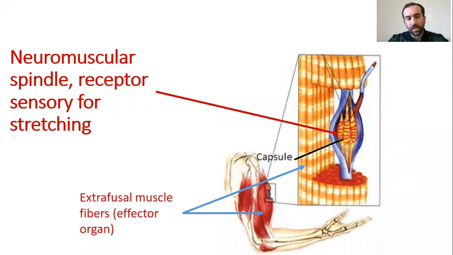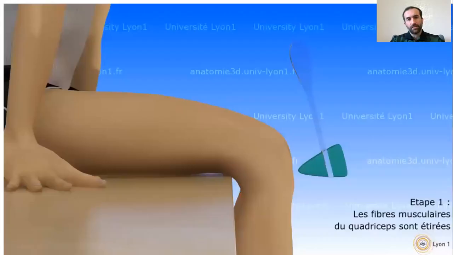Outside it, we have the extrafusal muscle fibers that are the effector organ of this reflex. And inside of it, we have the intrafusal muscle fibers that consist of the receptor that is sensitive to stretching and which is necessary to obtain this myotatic reflex.